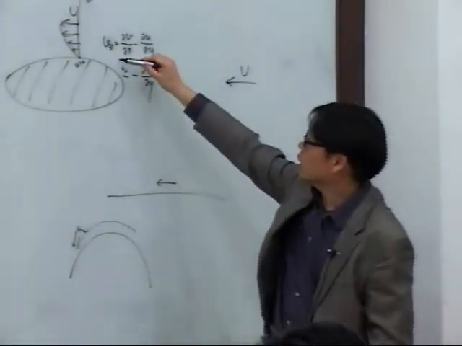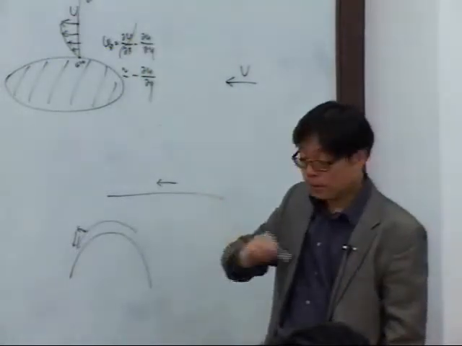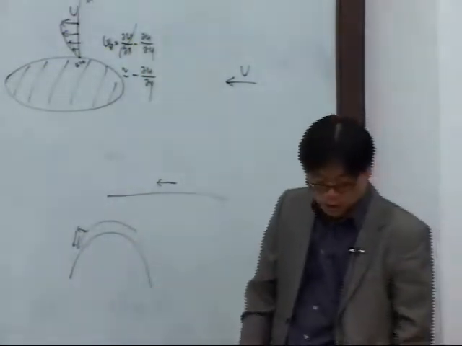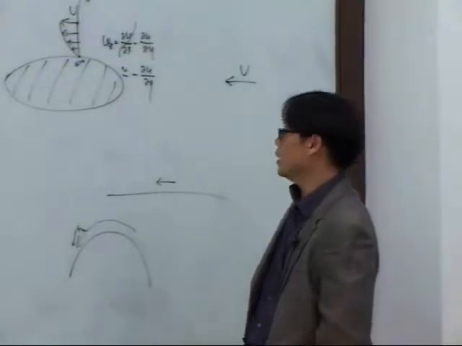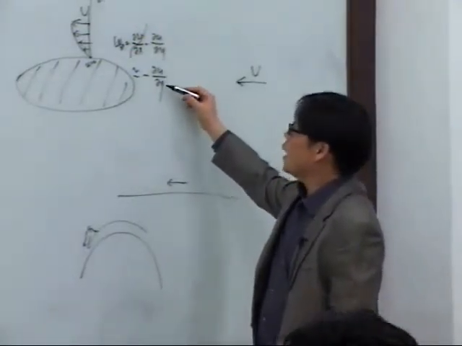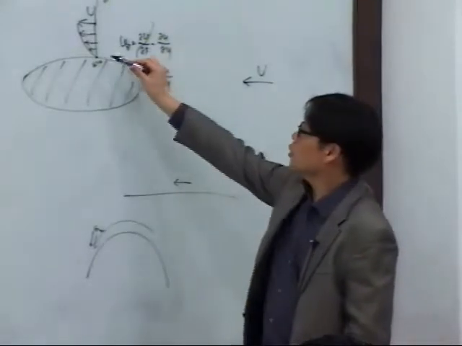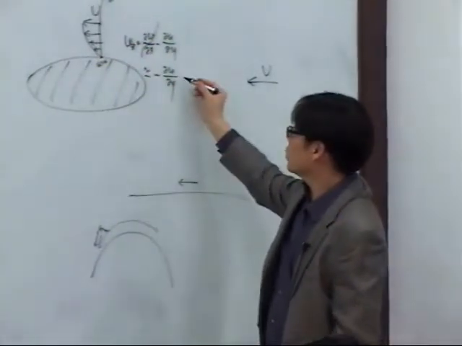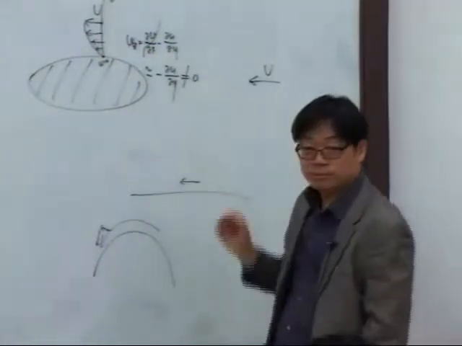That's why I can neglect this. If the body is a streamlined body, for example. But anyway, du/dy is no longer constant, and so this is not equal to 0.